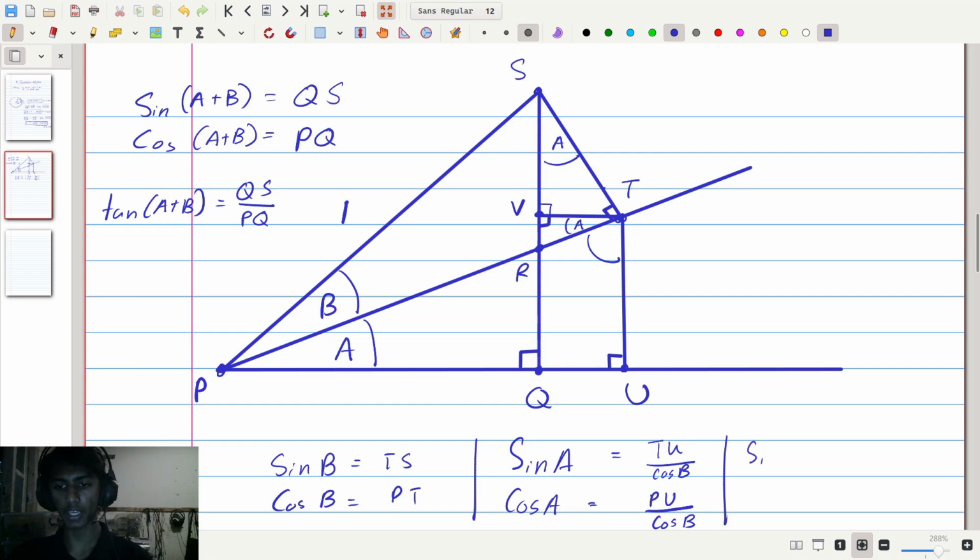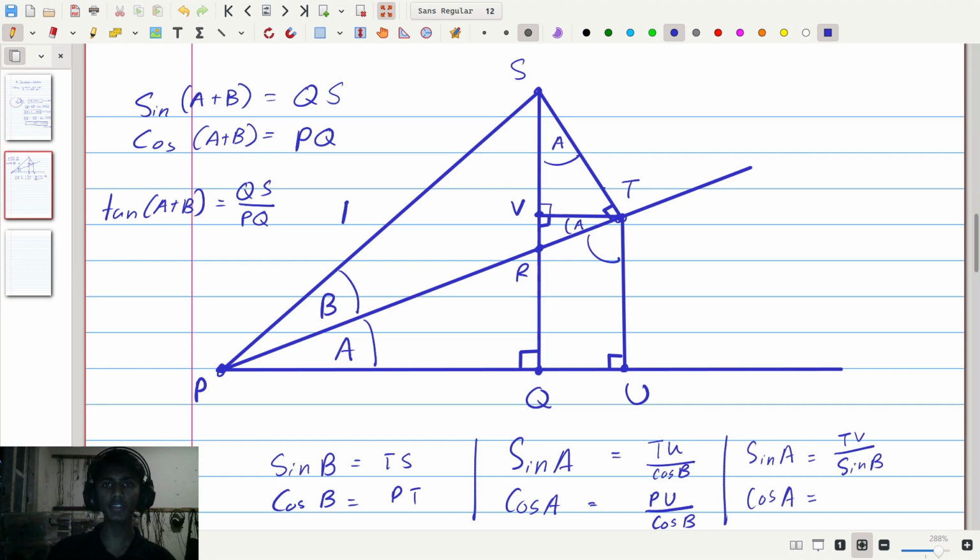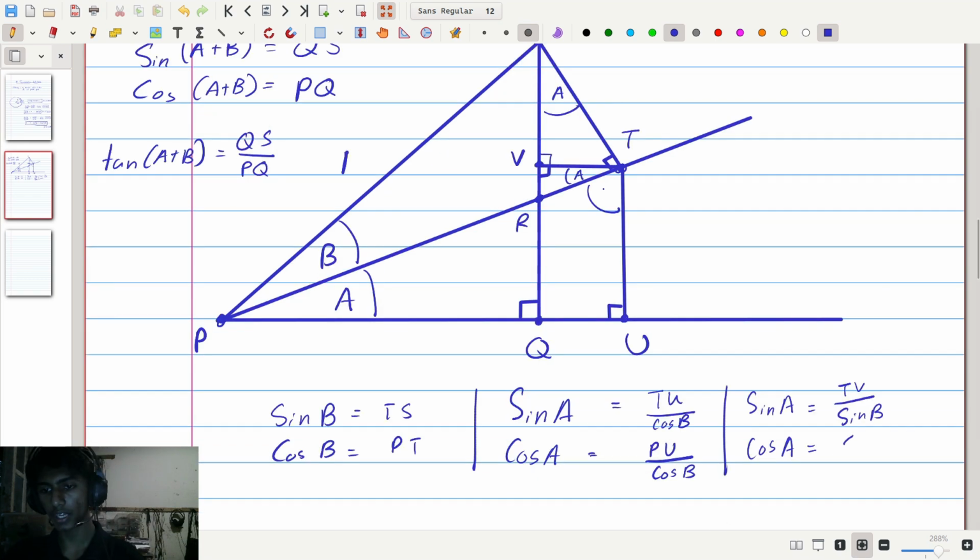Considering sine of A and cosine of A within this triangle, sine of A is opposite, which is TV, divided by the hypotenuse, which is TS, and we found TS to be sine B. So sine A is TV divided by sine B. Similarly, the cosine of A within the triangle STV is the adjacent, which is SV, divided by the hypotenuse TS, which is sine B.